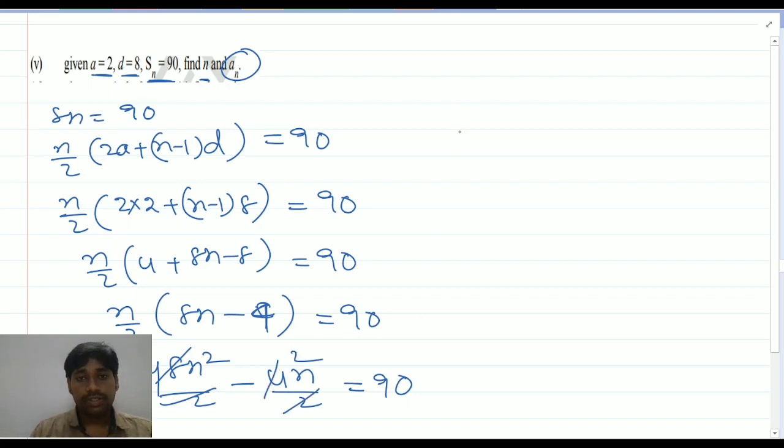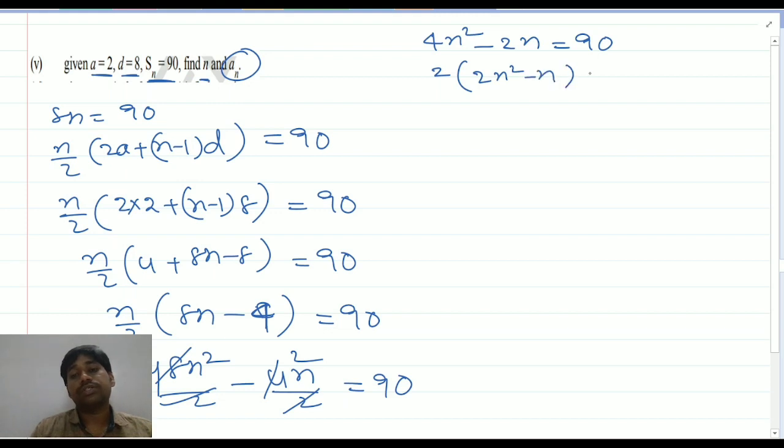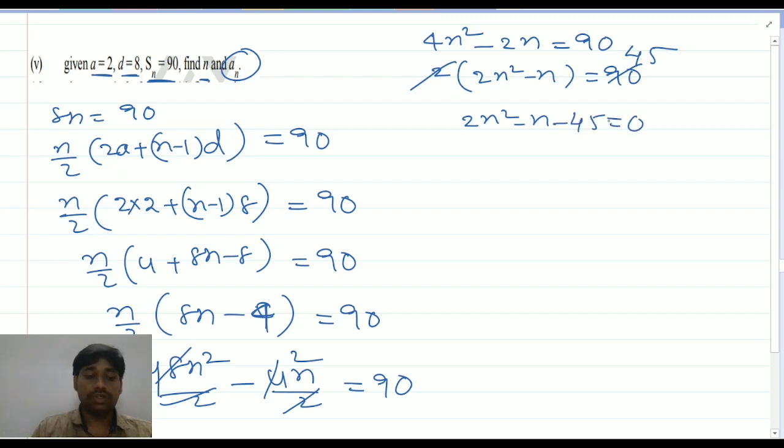I will multiply inside: 8n into n by 2 is 4n square, and minus 4n by 2 is minus 2n, equal to 90. So 4n square minus 2n is equal to 90. Take a common 2, so that 2n square minus n is equal to 45. So 2n square minus n minus 45 is equal to 0.